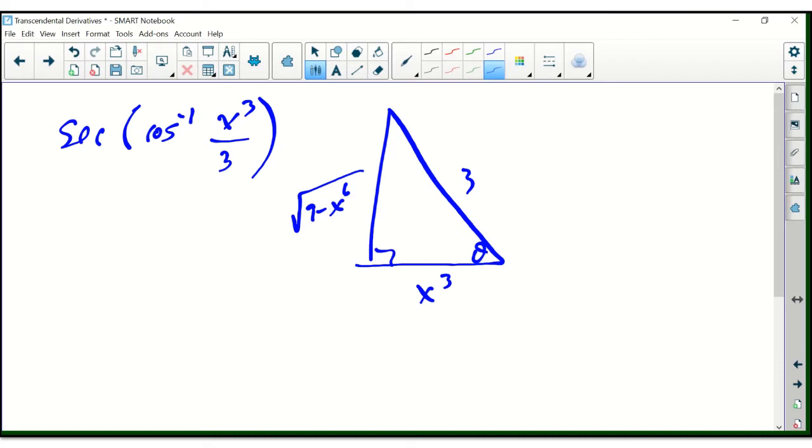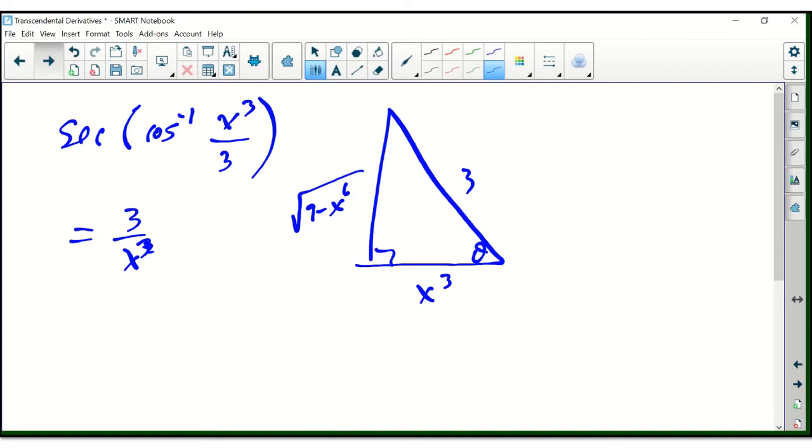So then if I want the secant of this angle, secant would be 3 over x cubed. That wasn't a great one to pick, but it's good to practice drawing it, but nope, cubed, not squared. Secant is hypotenuse over adjacent.